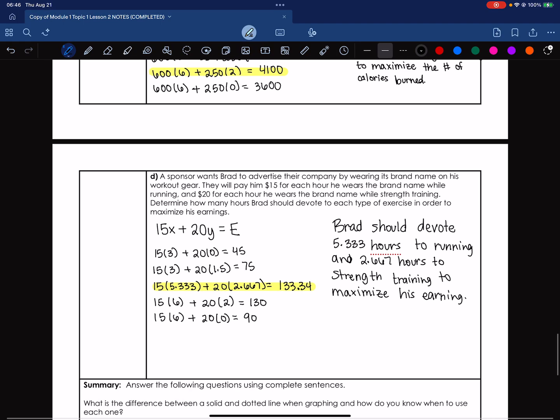Okay, so again, we just had to write an equation. We plugged in the vertices. We found which number was the greatest.